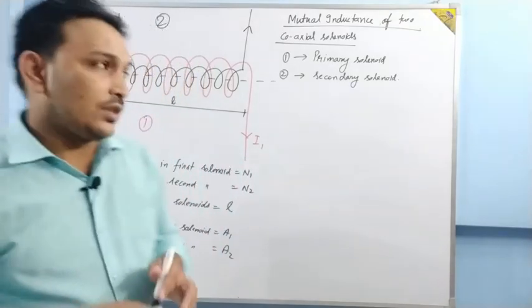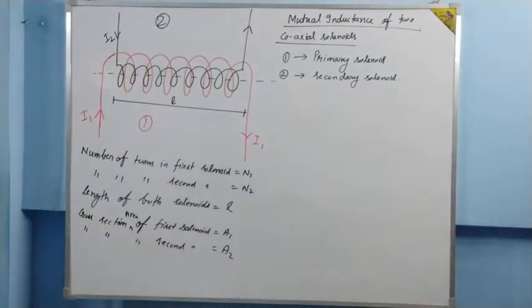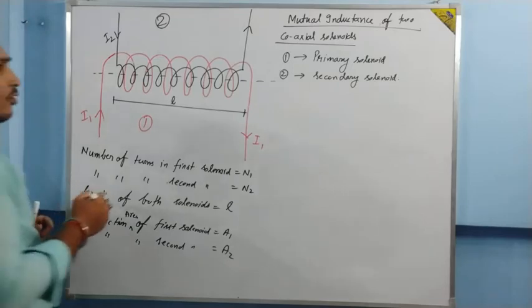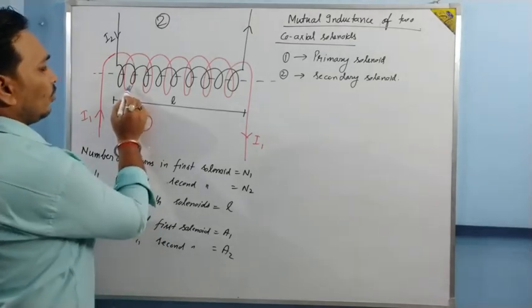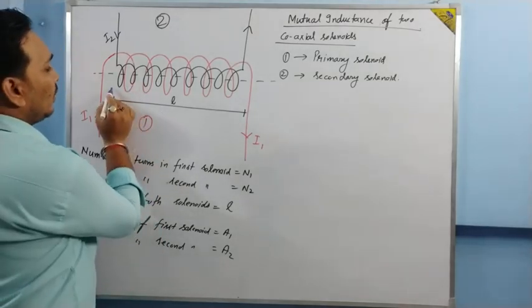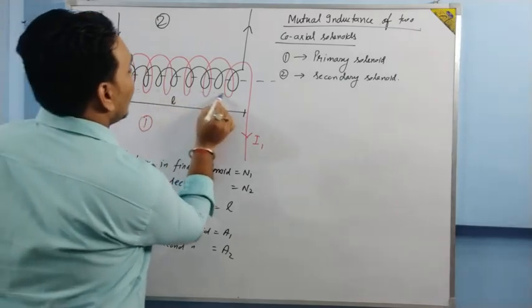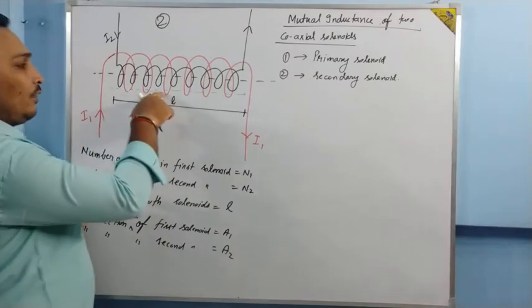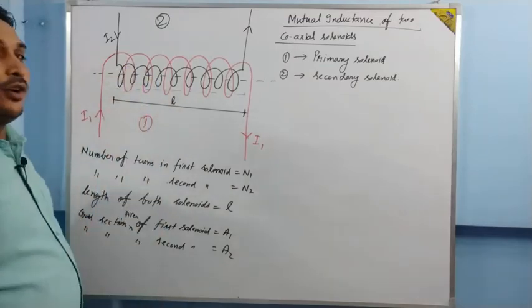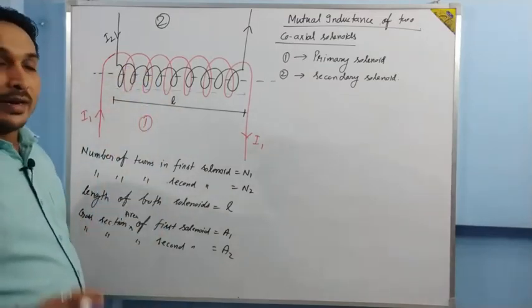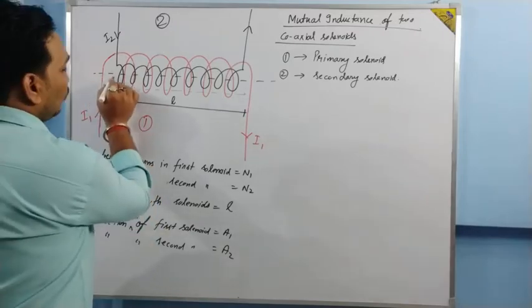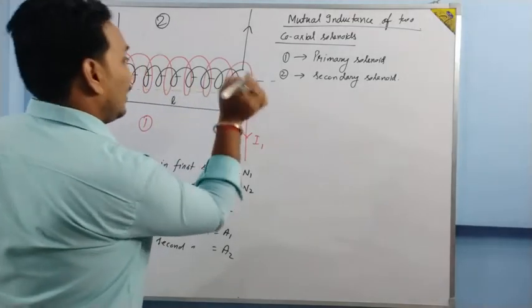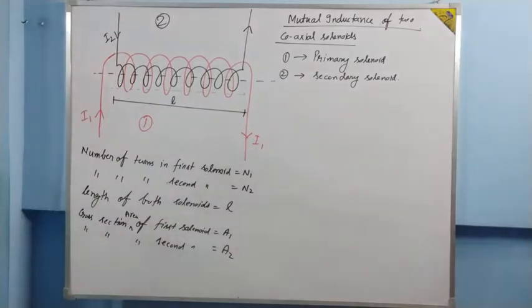So just try to imagine. Suppose this first solenoid is our red one. Magnetic field of this solenoid will be passing over from here also. But this magnetic field line does not link with the secondary coil. The magnetic field which is passing through the second coil, that very magnetic flux will be linking.